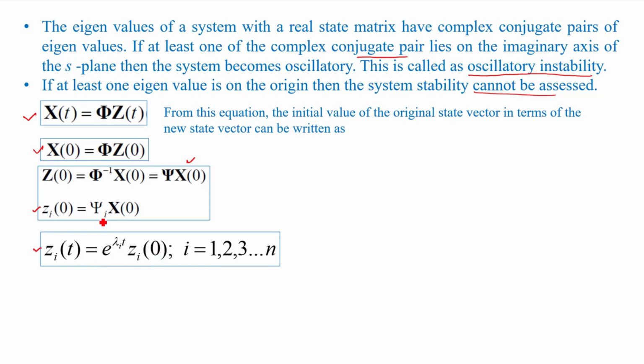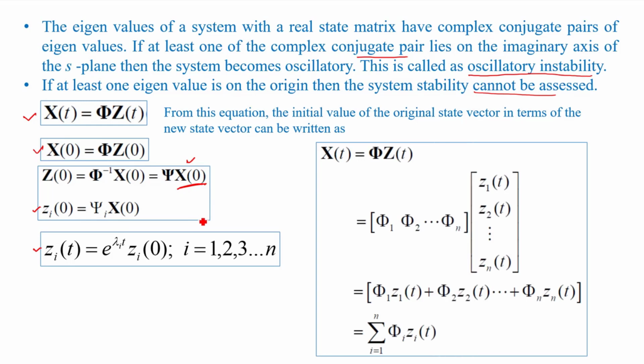Now I can substitute this in the x(t) equation if I want to find the state vector. So easily I can write the equation, along with the initial values of the state variables: x(t) equal to phi of z(t), where I substitute z(t) and also Zi(0) as psi of x(0).